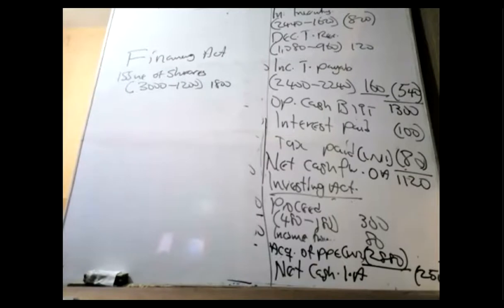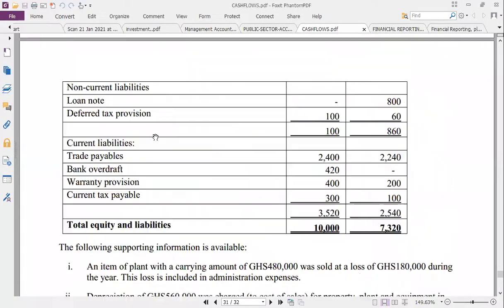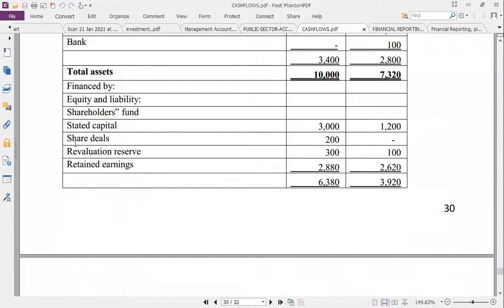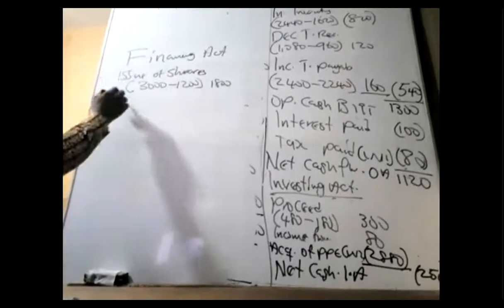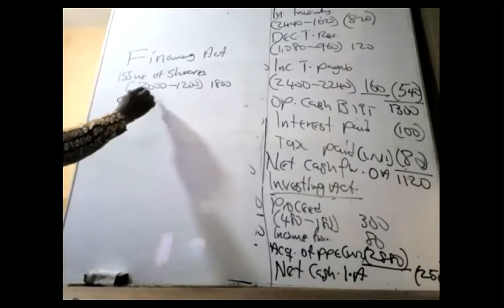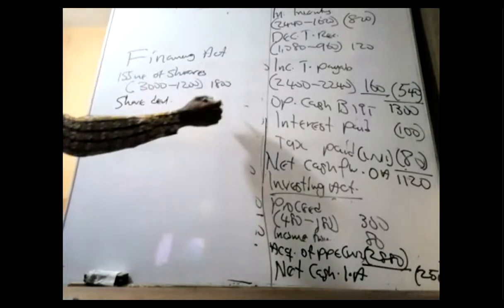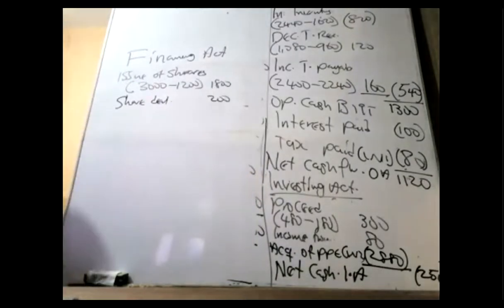Continue scanning through the equity items until you are done. Share capital at the start is 0, at the end is 200. So it's a 200 inflow.